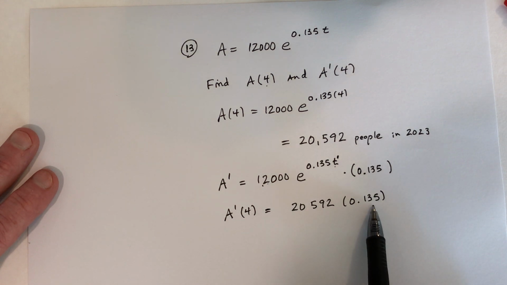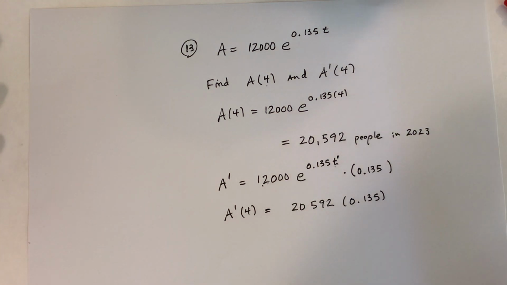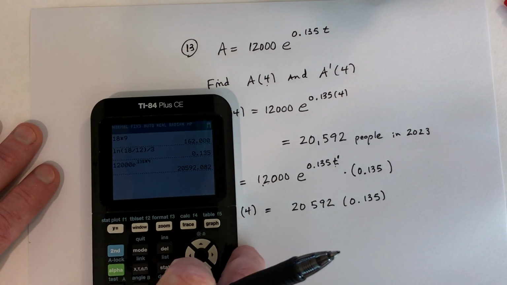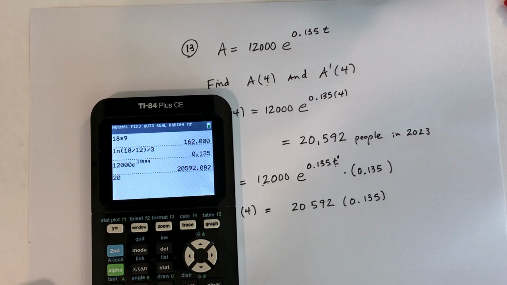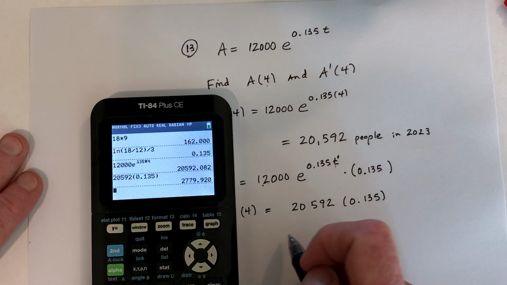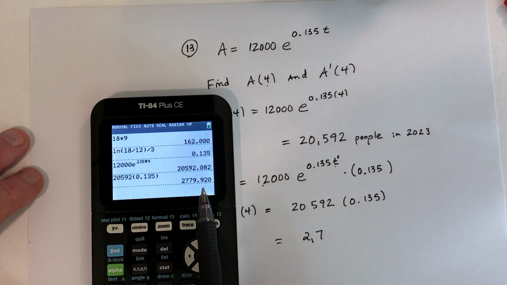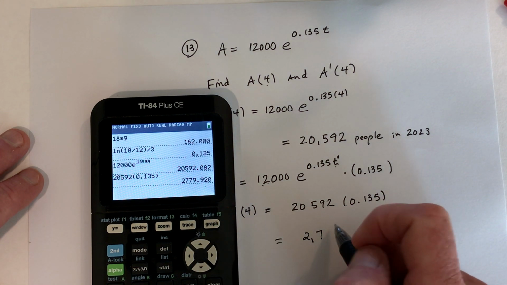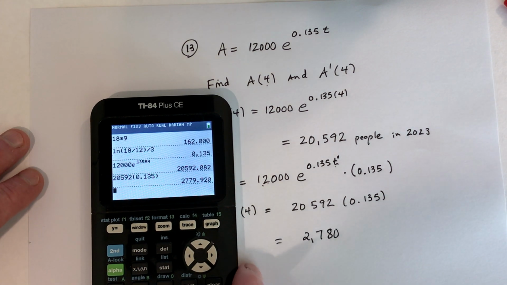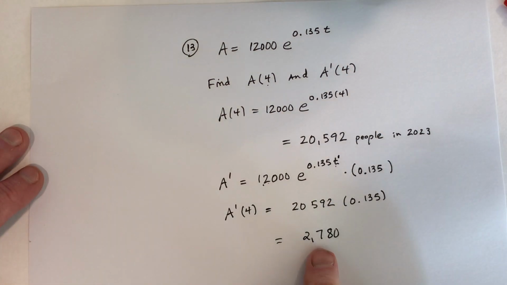Well, it's growing at a rate of 13.5%, but how many people is that? Oh, okay, well, just take that number 20,592 and multiply it with the decimal 0.135. And so then that equals 2,779.92, which is almost a whole person, so that's going to round up to 2,780. So that's how many new people.